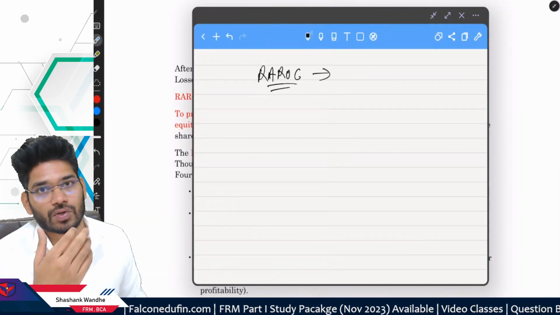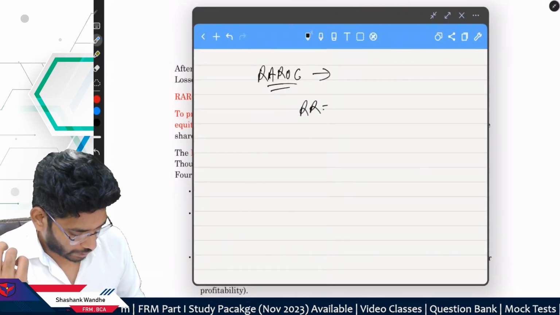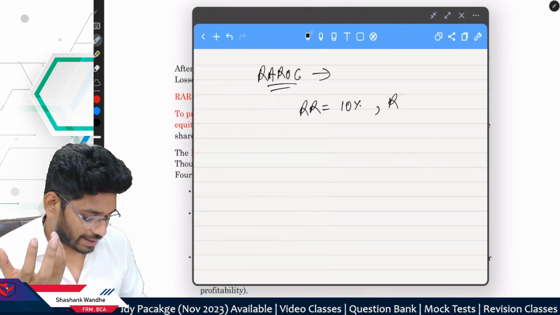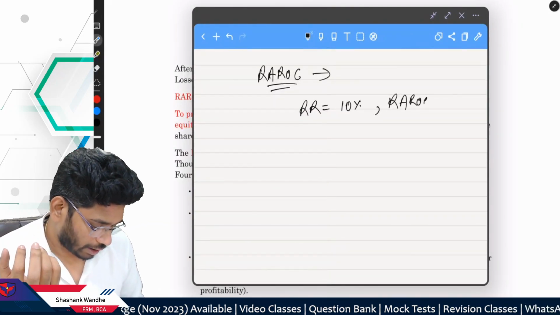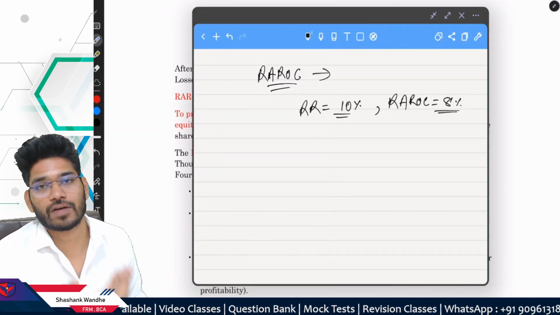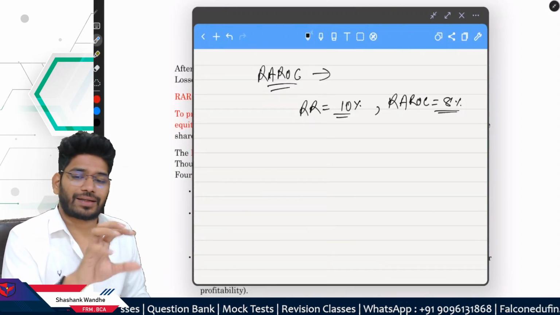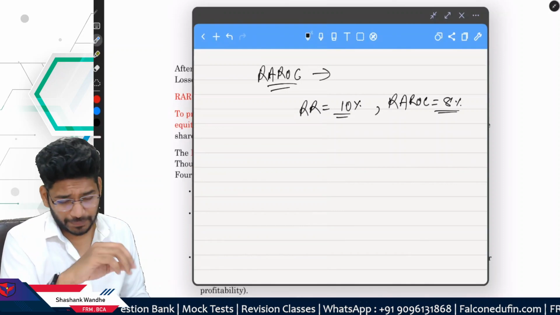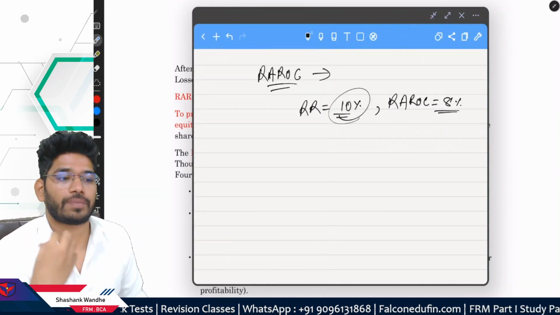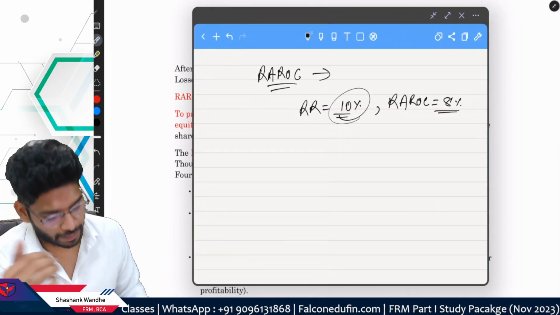So say if the bank wants to start a new business and bank's required return is equal to say 10%, and the new project's RAROC is 8%. Okay, so in this particular case, bank should not invest in this particular business because the RAROC is lesser compared to the bank's required rate of return. Required rate of return means if I invest in this particular project, this is what I expect to earn.